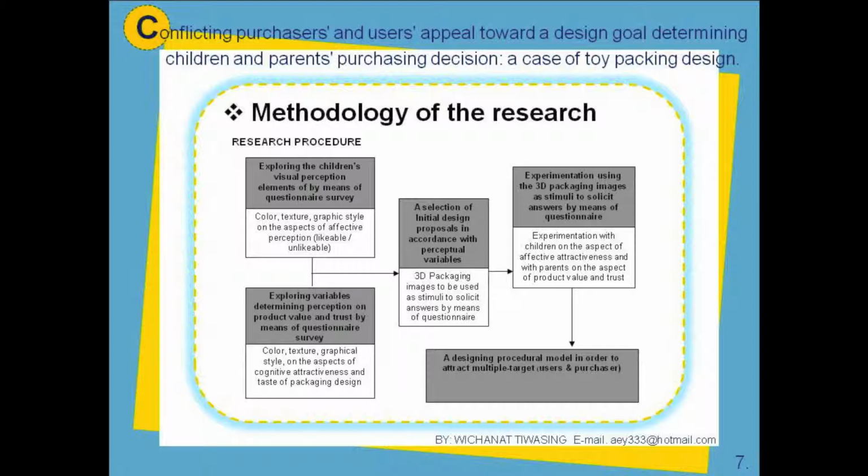Then, experimentation using the 3D packaging images as stimuli to solicit answers by means of questionnaire. And the last one is designing a procedural model in order to attract multiple targets, which are users and purchasers.